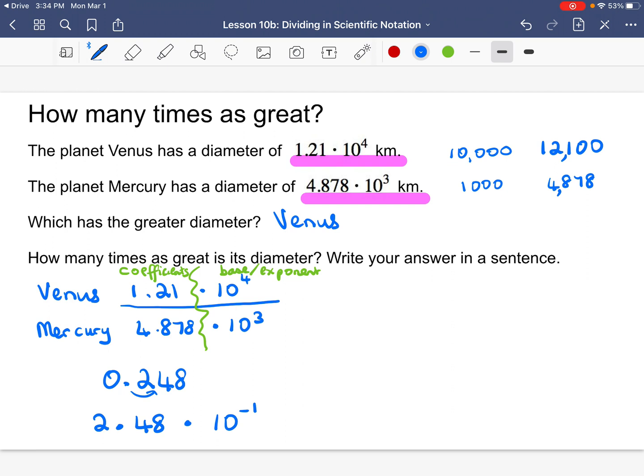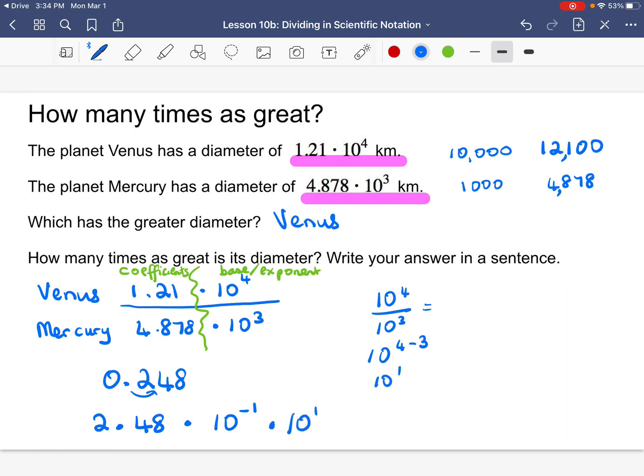And I'm now going to deal with my base and exponent pairs. 10 to the power of 4 divided by 10 to the power of 3 is 10 to the power of 4 minus 3, which is 10 to the power of 1. Bring that down here.